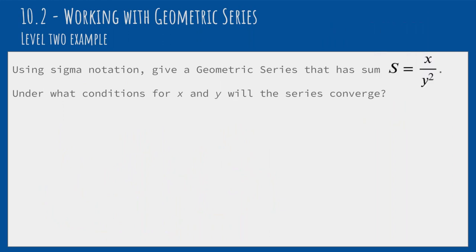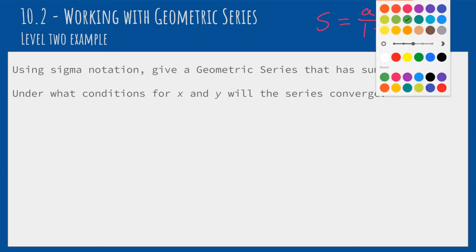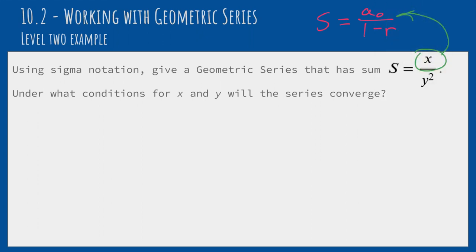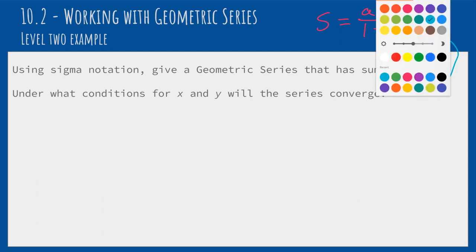So if I want the sum formula to look like this, x over y squared, remember it's the first term over 1 minus the common ratio. A fairly straightforward way to do it, and I want to say this is not the only way to do it, is just say a is the first term, and I'm going to use a different color here, y squared is going to be 1 minus r.